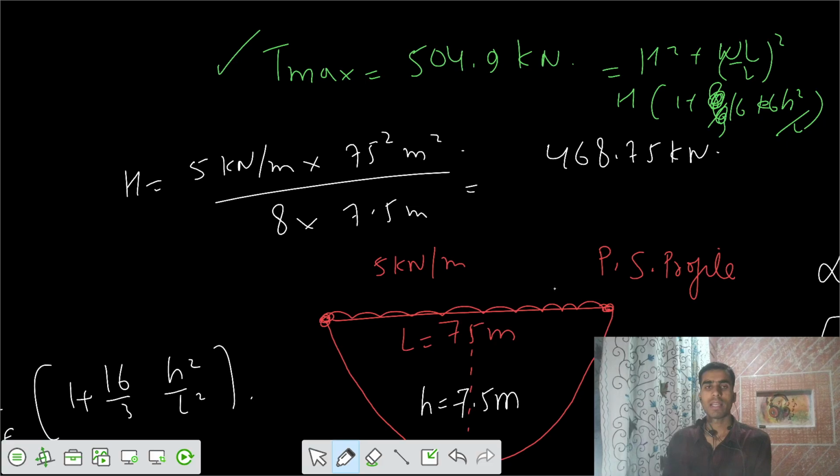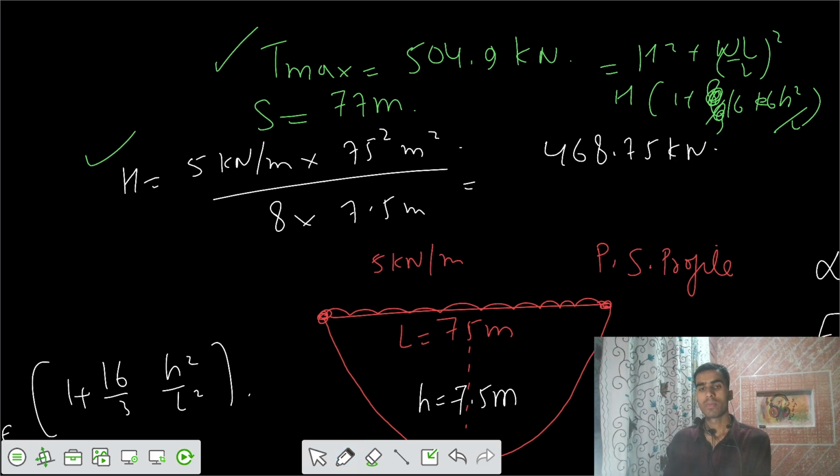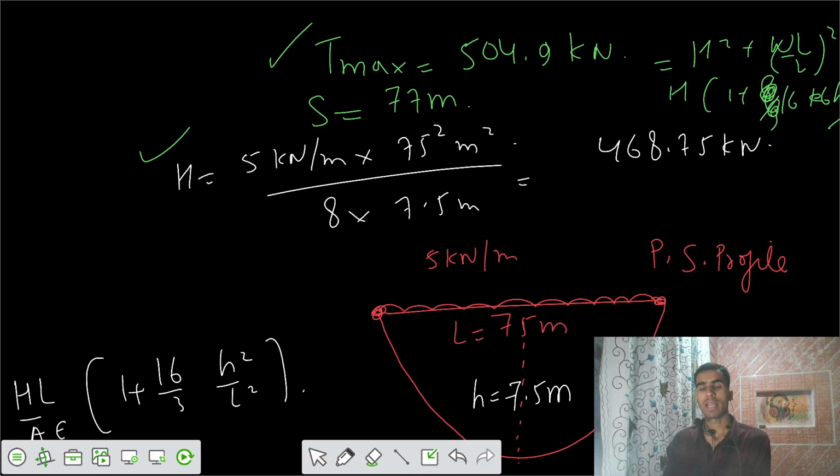So T is also known to us, H is also known to us, and total S is also known to us by the parabolic equation. That's 77. Let's say this is 77 meter. We have one of the problems that was based on this one. You can check that. We have solved this. These results are from the previous problem we had on the symmetric profile. The data is taken as it is.